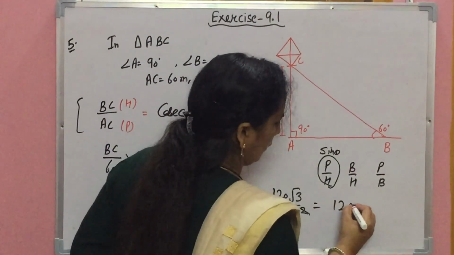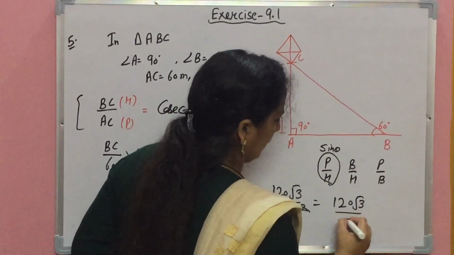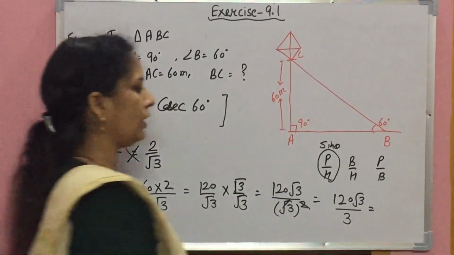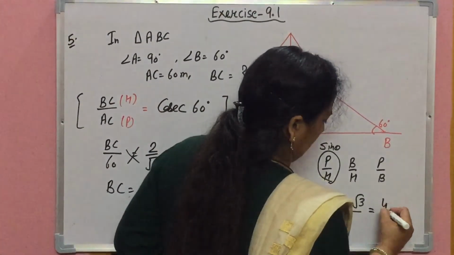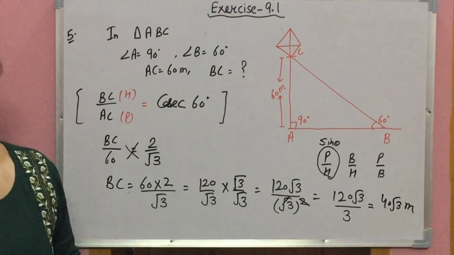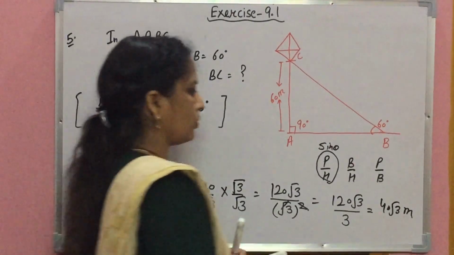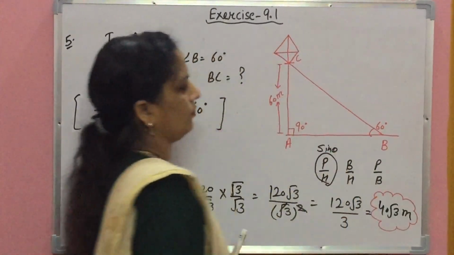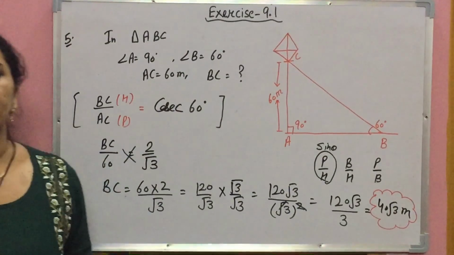So 120 square root of 3 and divide by 3. We can cancel 120 divided by 3. 40 square root of 3 meter. So this is our final answer. So this is the length of the string, 40 square root of 3 meter. Okay.